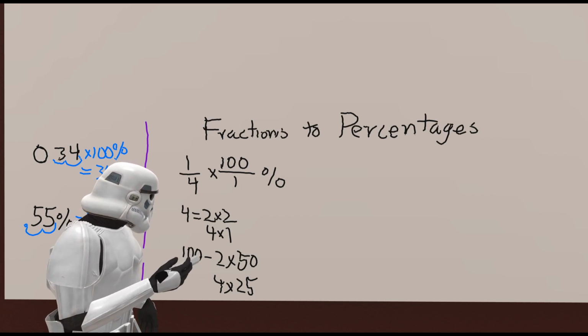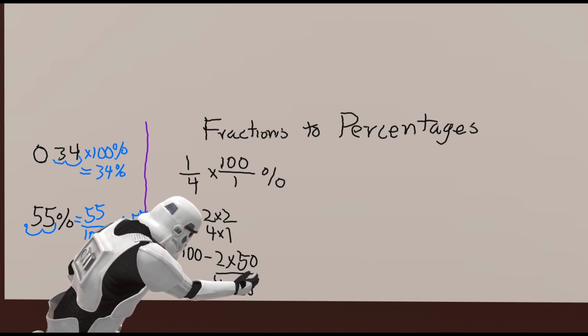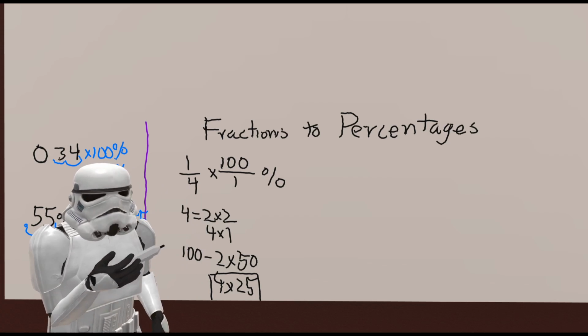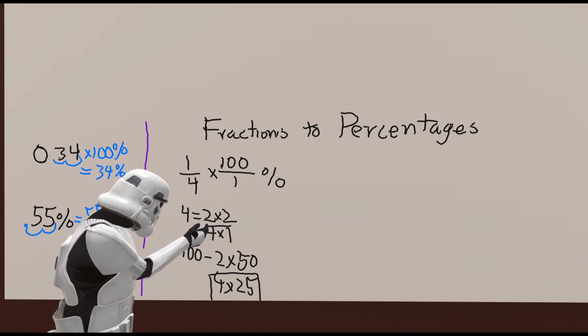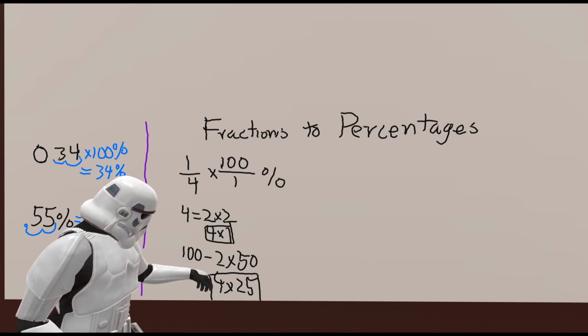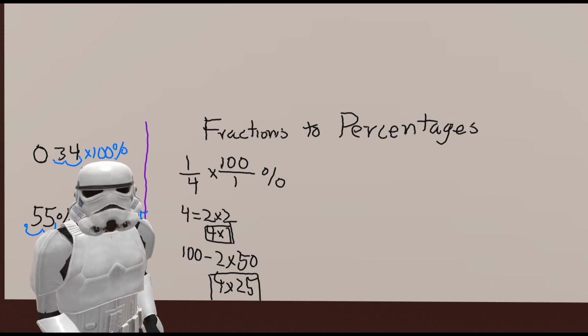So what we're going to do now is we're going to change this 100 into 4 times 25, and we're going to change 4 into 4 times 1. Because 4 is the highest number that's in both sets of factor pairs.